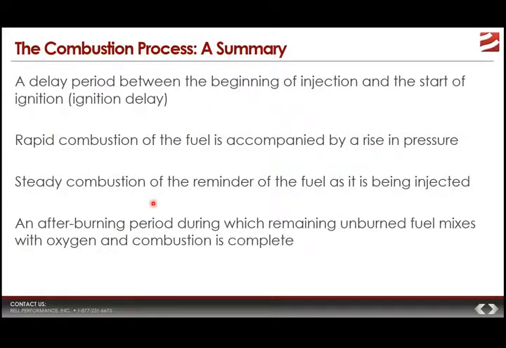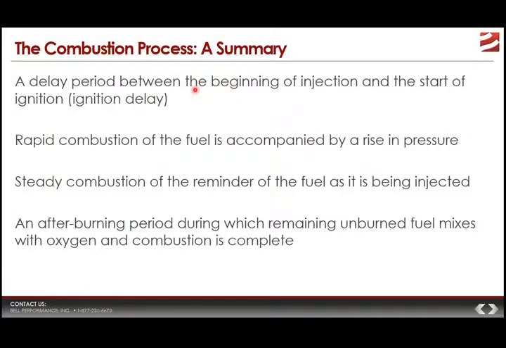So to summarize the combustion process here, you start with a delay period between the beginning of fuel injection and the start of ignition. Now, we didn't really touch on this. All we did was we started a little later in the process. We started after the fuel was injected into the hot zone.